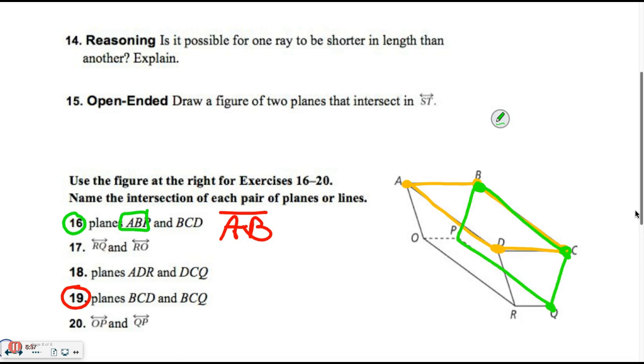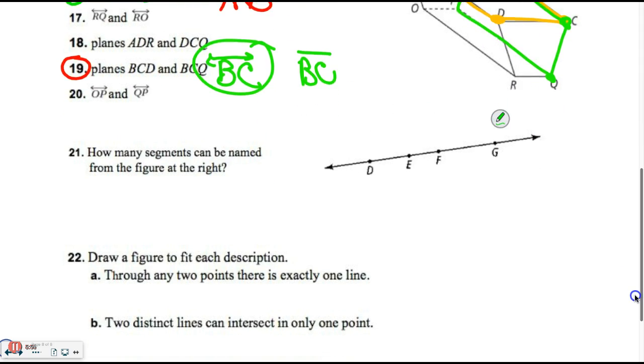So we have the ceiling in that orangish color and the back wall in green, and they're intersecting up here on that line up on the top, which is line BC. And I don't know if your teacher wants you to put a line symbol over it or a line segment over it. Technically, this is correct, but that's up to you.